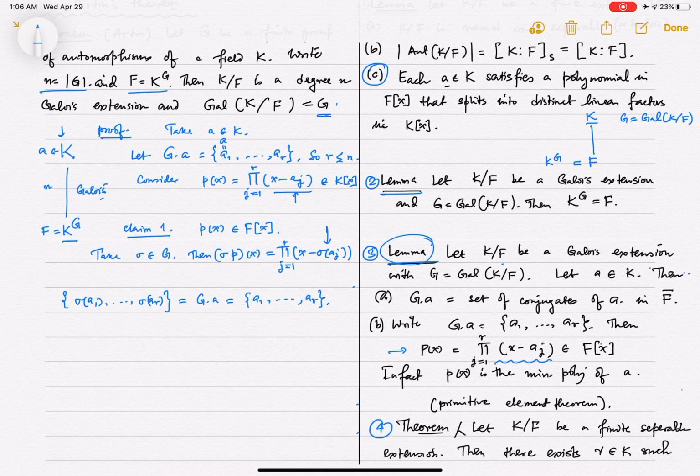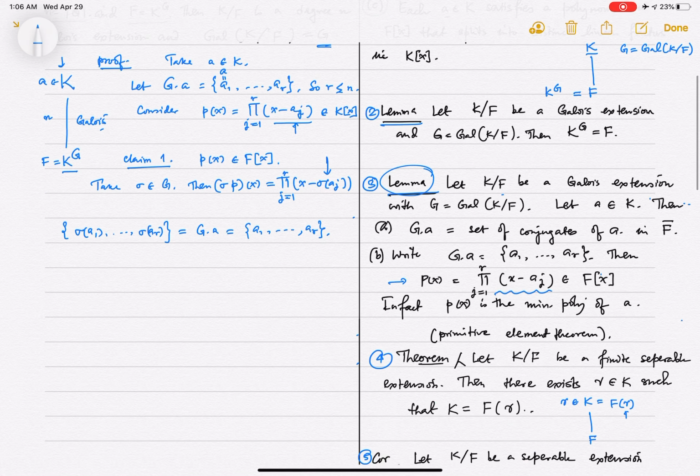So these elements are again a_1, a_2, ..., a_r, possibly with some different ordering. So that means sigma P and P are the same polynomial.